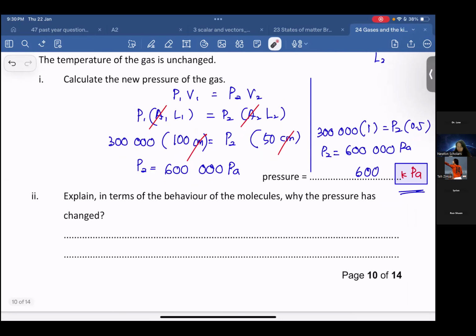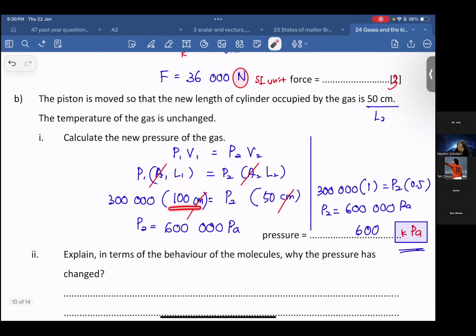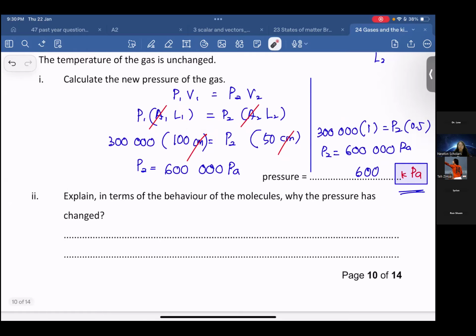Okay, dear, explain in terms of the behavior of molecules. Talk about the molecules, why the pressure has changed. You see, starting at 100 cm, the pressure is 300 kilopascal. Now it becomes 50 cm, so why has the pressure changed?